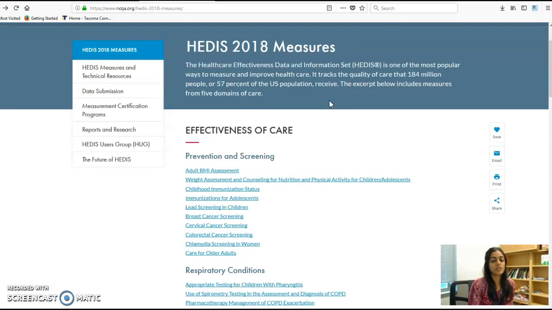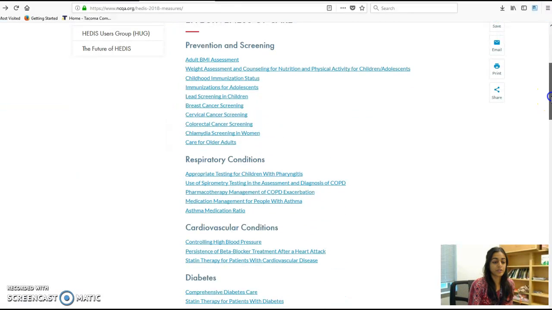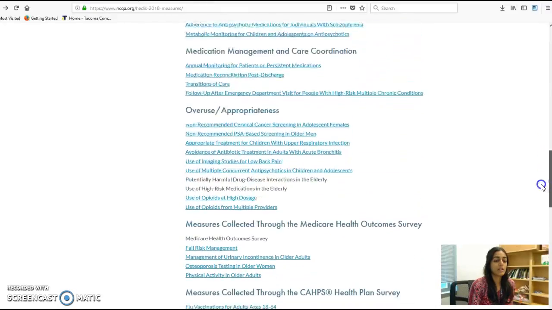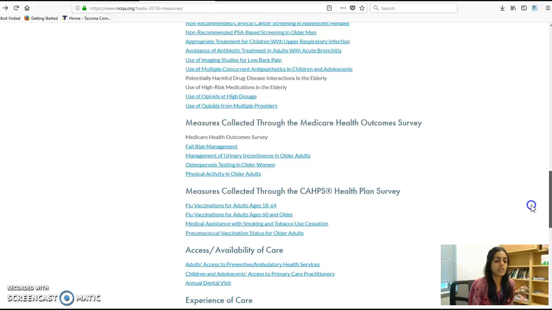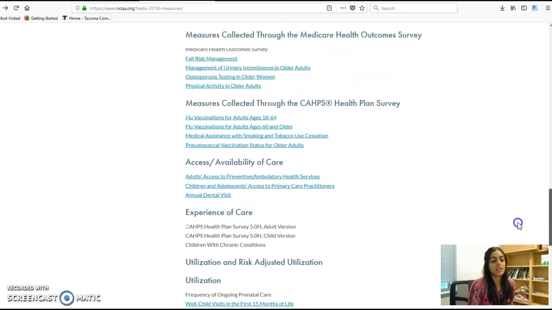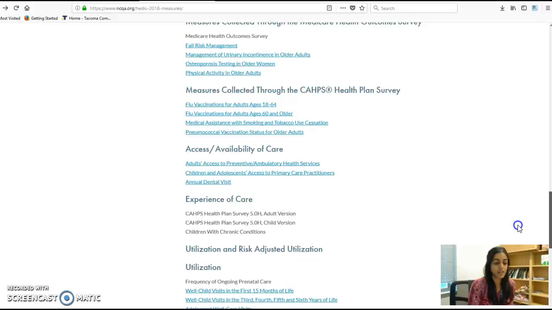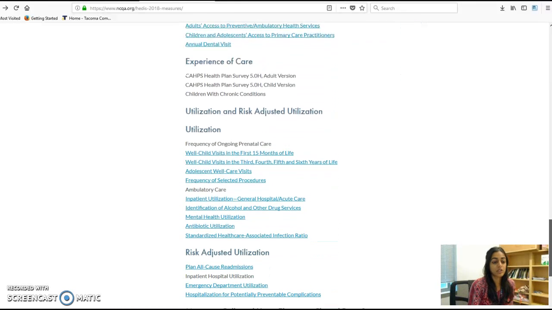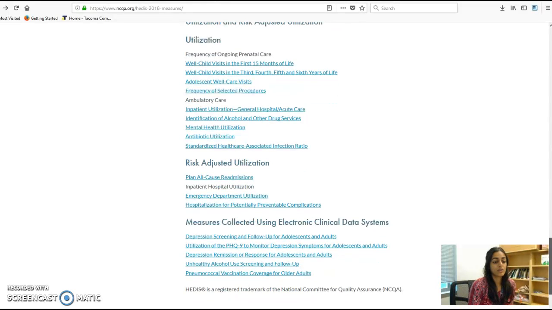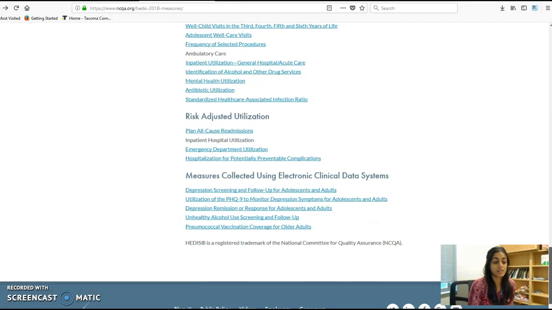The excerpt below includes measures from domains of care: prevention, respiratory, cardiovascular, diabetes, musculoskeletal, behavioral health, medication management, overuse, measures collected through Medicare health outcomes, measures collected through the CAHPS health plan survey, access, availability of care, experience of care, utilization and risk-adjusted utilization, and measures collected using electronic clinical data systems.